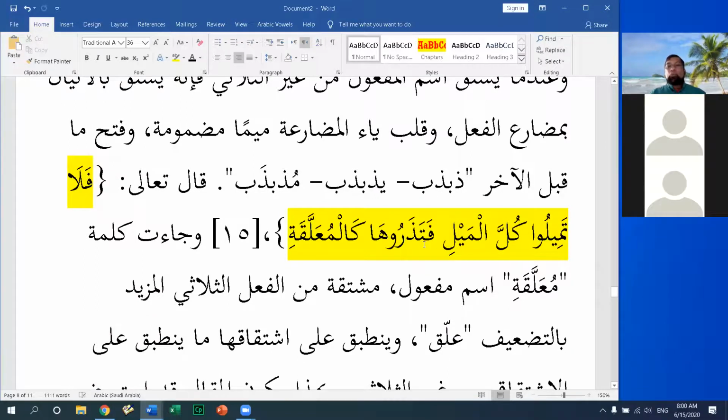فلا تميلوا كل الميل فتذروها كالمعلقة. معلقة اسم المفعول from علق يعلق فهو معلق. الزوج معلق وزوجته معلقة. معلقة means that he keeps her hanging.